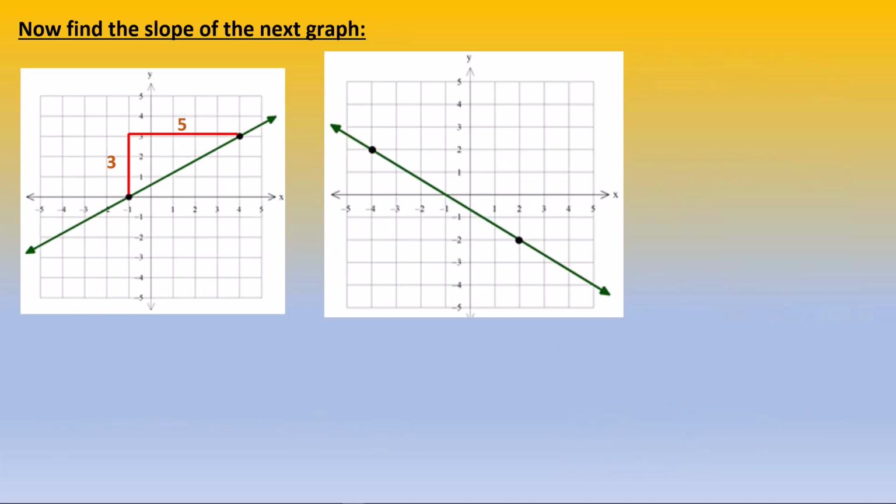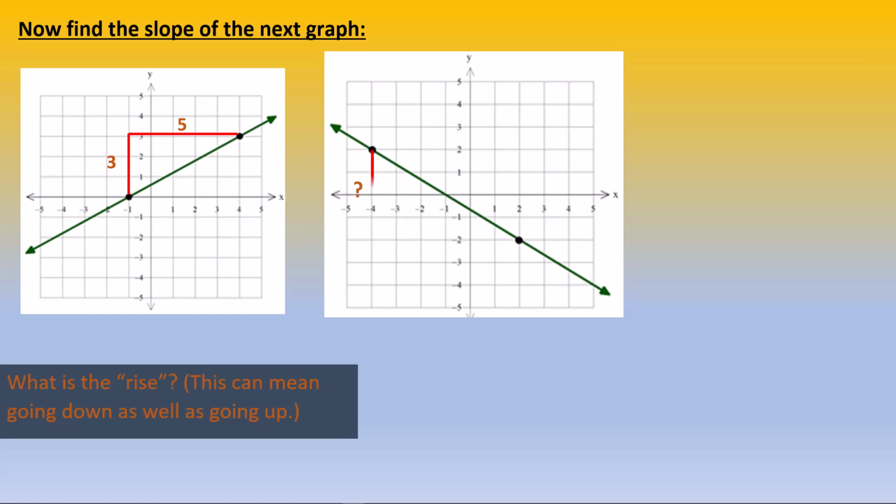Now find the slope of the next graph. Pick 2 points. What is the rise? This can mean going down as well as going up. The rise in this case is going down, and so the value is -4. What is the run, which is always left to right and always positive? The run in this case is 6.